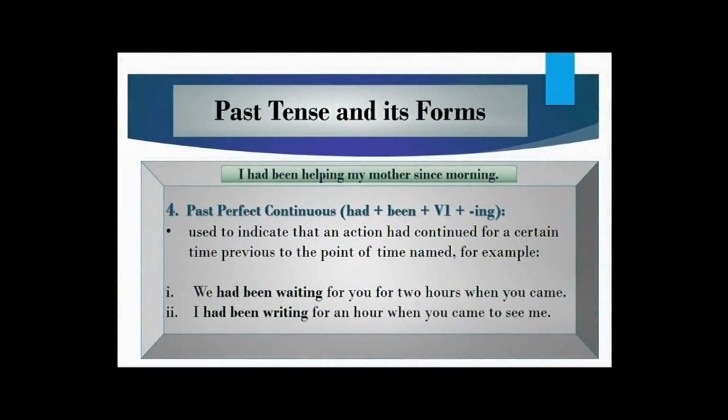Second, I had been writing for an hour when you came to see me. When you came to see me, I had already been writing for an hour, right? So, this is past perfect continuous, which tells about an action that had been continued for a certain time previous to the point of time named.